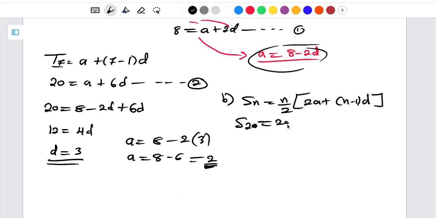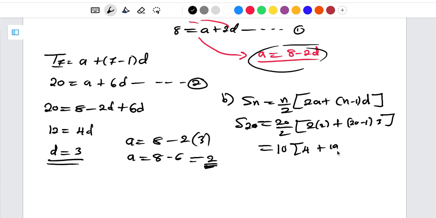So we have 20 divided by 2, then 2 times the value of A, which is the first term, is 2. So the value of n is 20 minus 1, then the value of D is 3. Alright, so 20 divided by 2, that is 10, then this is going to give us 4, then plus 19 multiplied by 3.